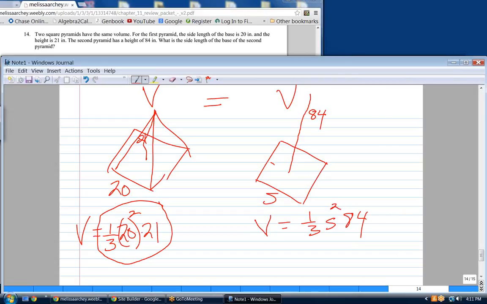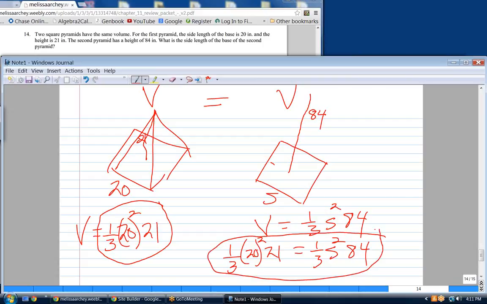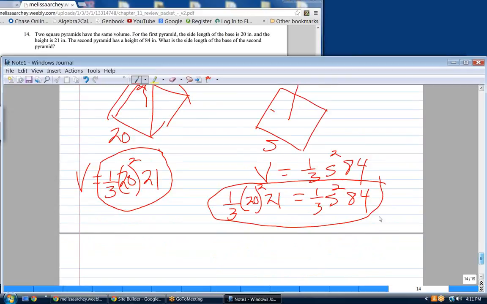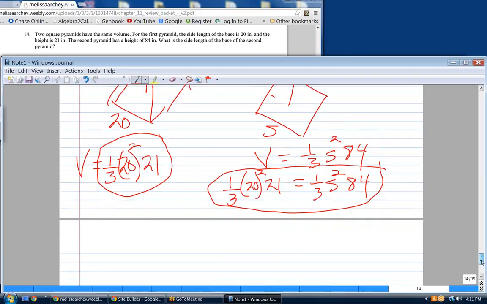And in place of V, I'm going to write this number here: 1/3 times 20 squared times 21, the volume of this thing, equals 1/3 times s squared times 84. Notice that there is only one variable there. Everything else is a number. They're asking for the side length of the base of the second pyramid, so we're going to solve for s.